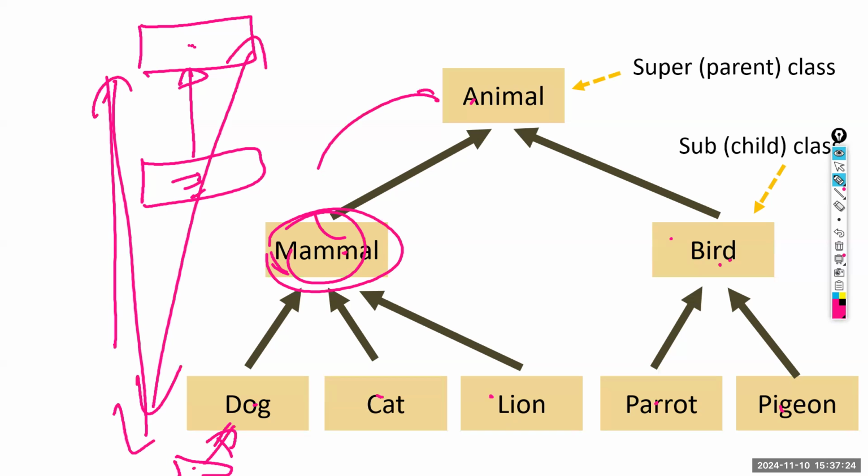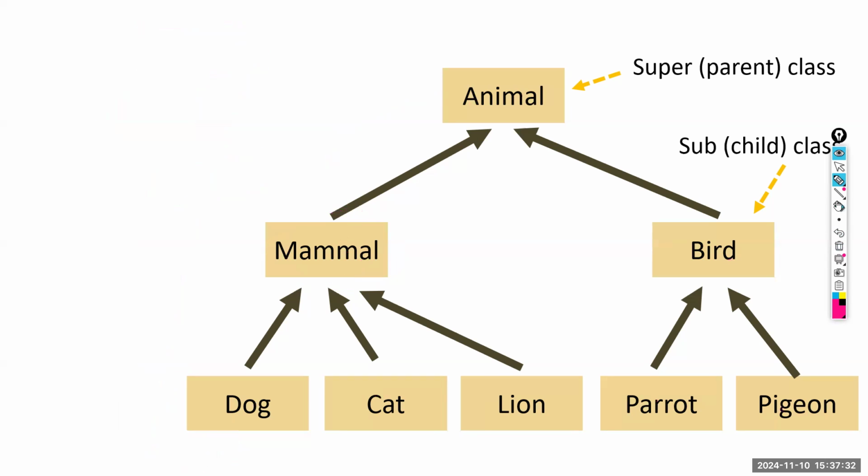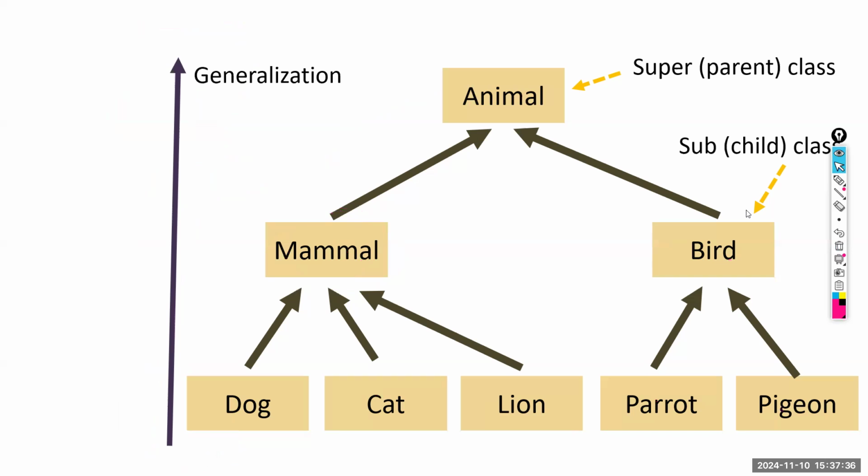Maybe Alsatian, Rottweiler, special case of a dog. So when you go up, it's more and more general concepts. When you go down, you are into more and more specialization.